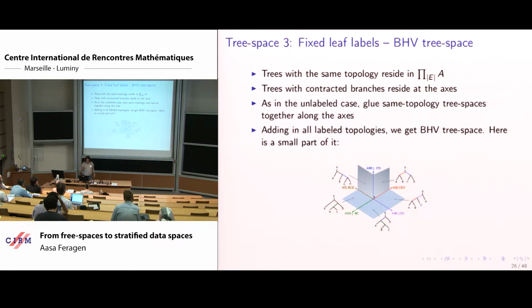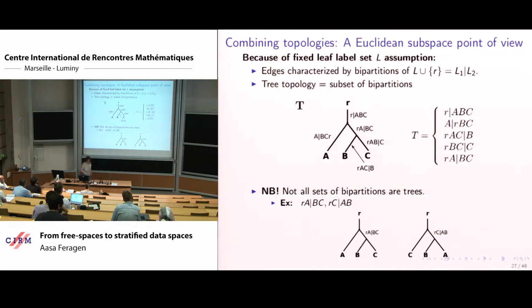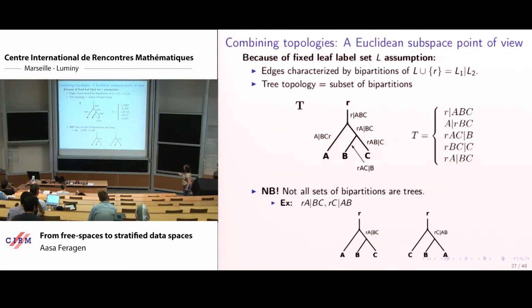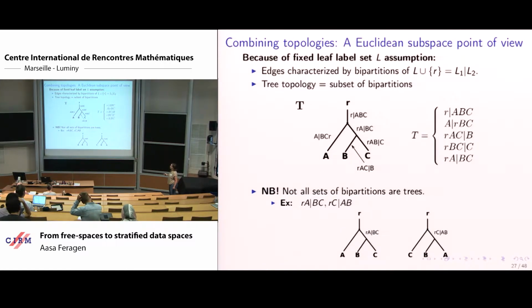And if you keep doing this, you'll see that you have, for instance, structures like corners within the tree space, where you have 5 different topologies adjacent to each other. And this is the consequence of the combinatorics. Now, there is a different way of considering these trees that allows us to embed them in a Euclidean space. Because you have a fixed leaf label set, you can characterize topologically every edge in your leaf label tree through a bipartition on the label set. By the label set, I now mean the leaf labels along with the root.